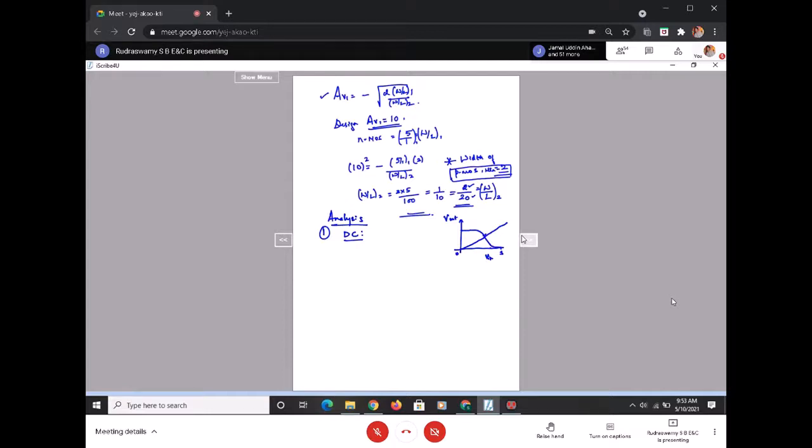And wherever these two curves intersect, this is my DC operating point, or we call this something like the biasing voltage. And this biasing voltage is very important for us.